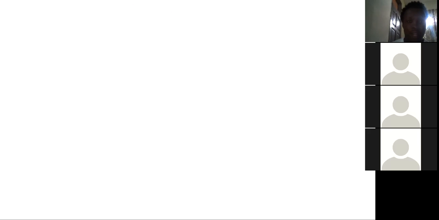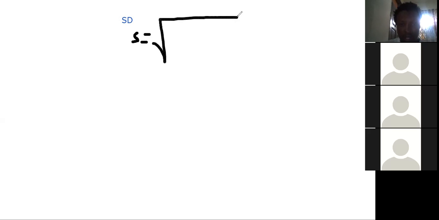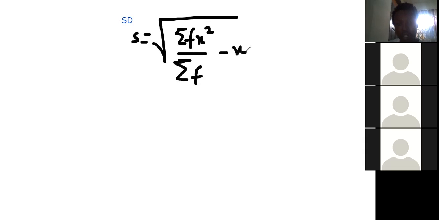So the other one, standard deviation, SD. From a distribution table, the standard deviation will be given by s is equal to the square root of sigma f x squared all over sigma f minus x bar squared.